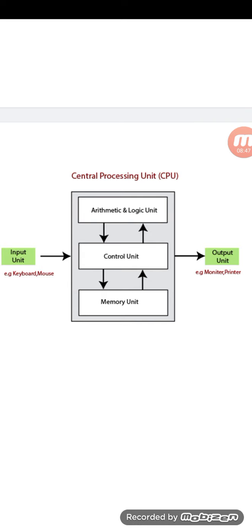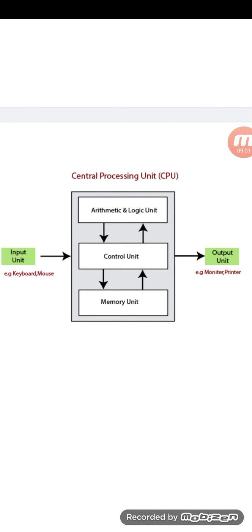All the arithmetic operations, multiplication, subtraction, addition, division, and logic operations like less than, greater than, all these things happen inside the arithmetic and logic unit. All the data that we are giving into the computer to store, to memorize, will go into the memory unit. And I told you already, control unit controls the data from the input source to the output one.